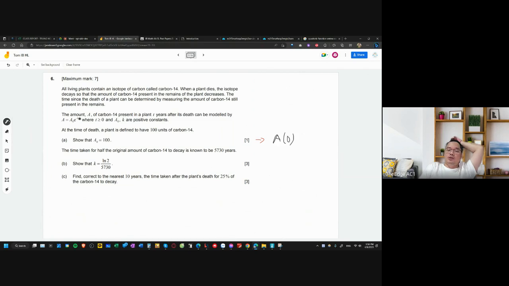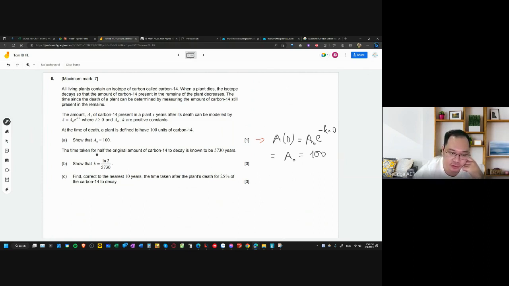A at time 0 is A0 times e to the power of minus k times 0, and according to the statement, it is 100, so A0 is 100. It's like a kinematic problem: given a function for the position of an object and asking for the initial position when the time is 0, substituting time 0 into the equation of the position, we get the initial position.